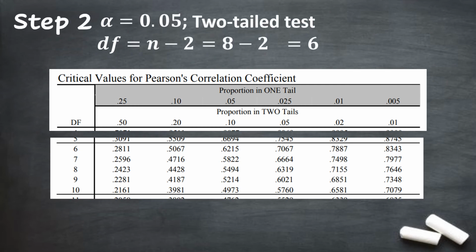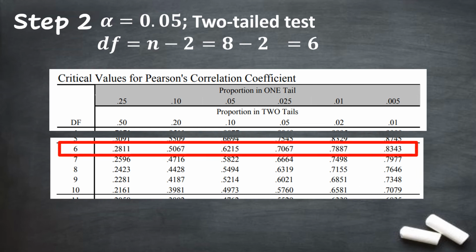Identifying the R tabular, just like what we did in the previous lessons, we have to go back to step 2 and recall the alpha level, the tail test, and the degrees of freedom. Since the degrees of freedom is 6, you locate it in the first column and draw an imaginary horizontal line passing through 6.